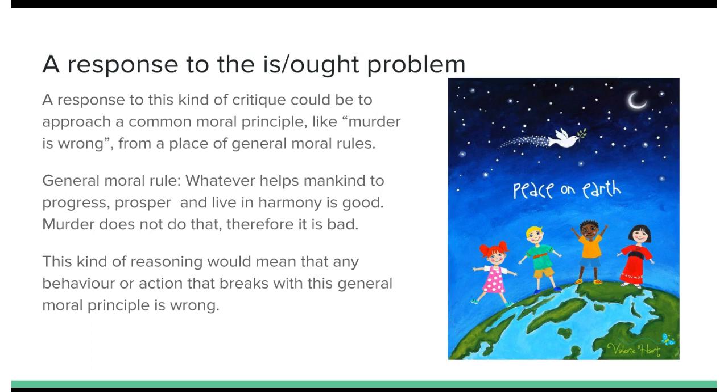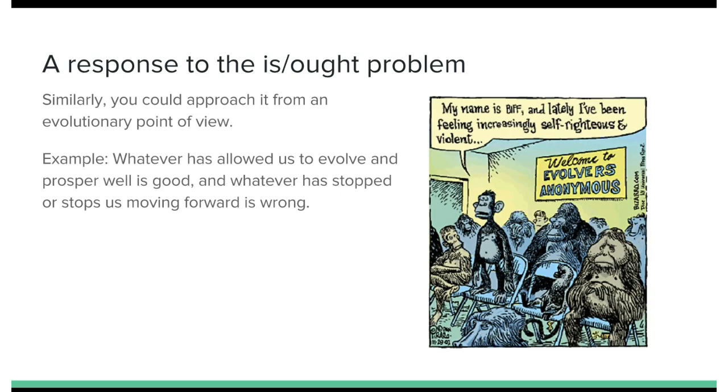And things that do progress, prosper, and help human beings live in harmony might be considered the right thing to do. Similarly, you could approach the is-ought problem from an evolutionary perspective. So for example, whatever has allowed us to evolve and prosper in the past is good, and whatever has stopped us from moving forward is wrong.